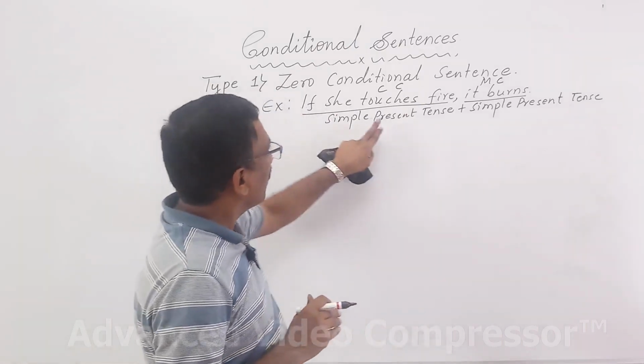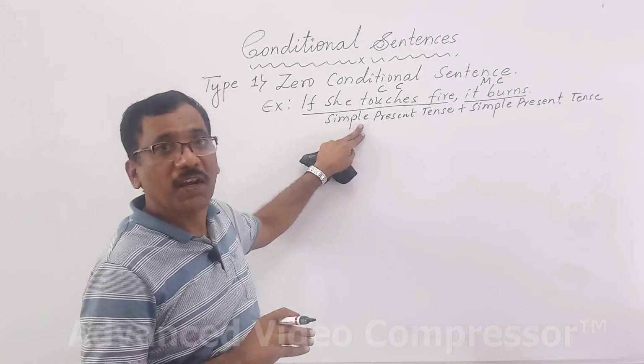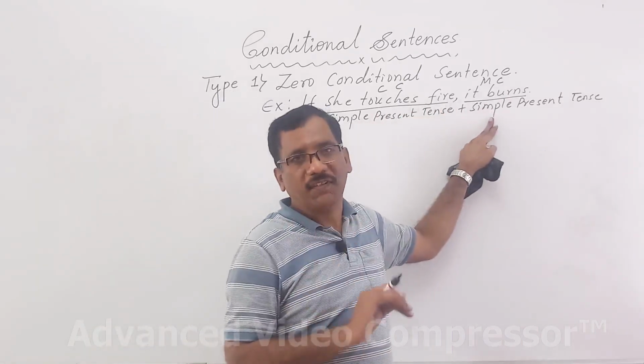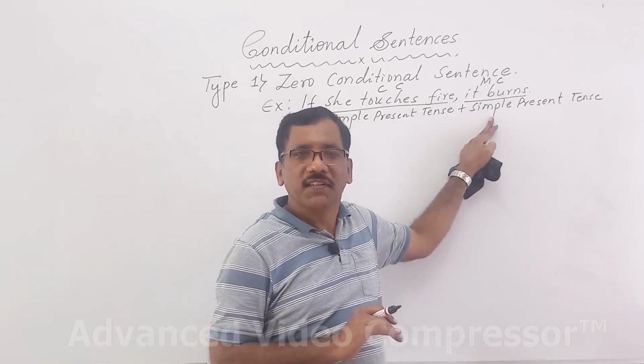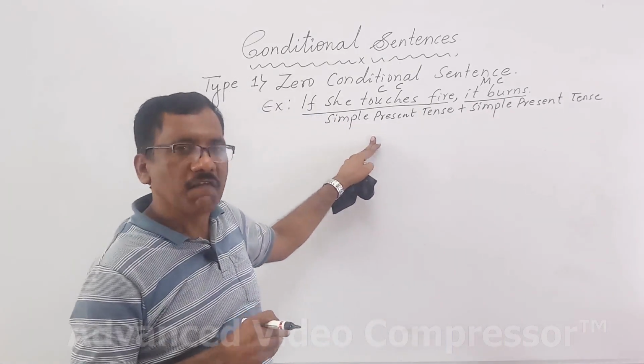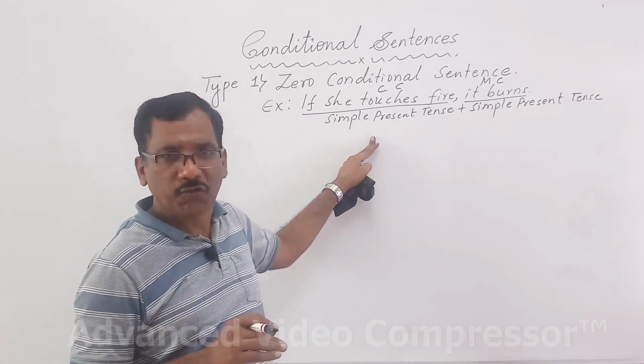Why? Here, zero conditional sentence. If something happens, the other thing does happen. Such sentences are called universal truths or scientific truths or factual truths.